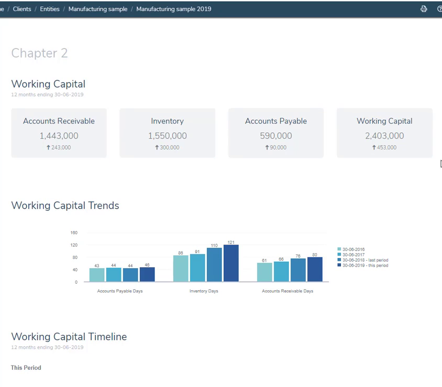Now this was an area of concern, which is the analysis of our working capital. Our accounts receivable, as we said, has gone up significantly. This is the people that owe us money, so it's taking longer for us to get the money out of those people, which could be our problem. Could be that we're not billing quick enough. We're not looking at getting deposits up front, things like that.